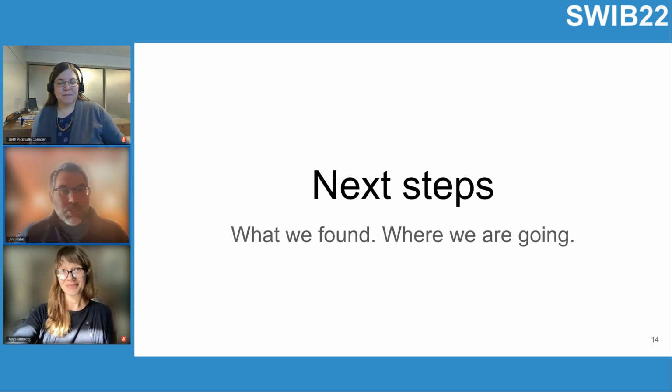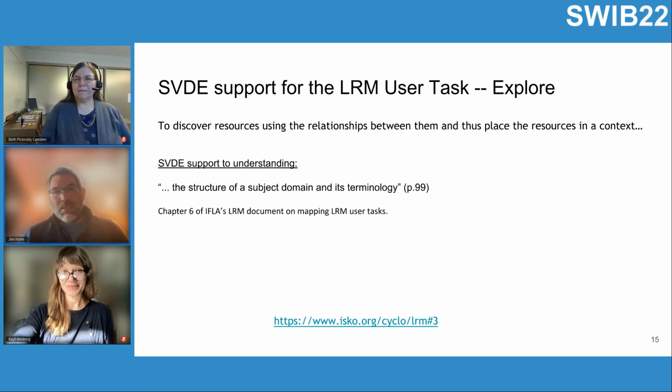As was mentioned in the introduction, Share-VDE is implementing an entity-based search, and so putting in place ways to navigate relationships. On the next slide, we see the framing of the tasks that we're exploring.